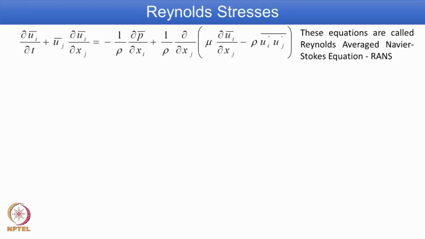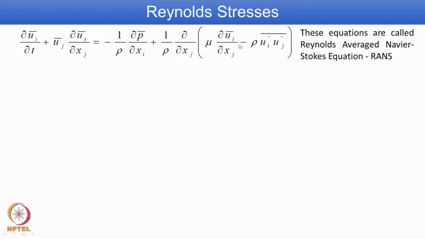I rewrite here the governing equation for turbulent flow, which is specially called the Reynolds Averaged Navier-Stokes equation, RANS. We understand the terms in the equation: two terms on the left hand side, the time derivative term and the convection term, and on the right hand side the pressure gradient term.